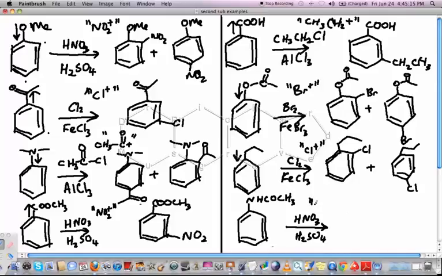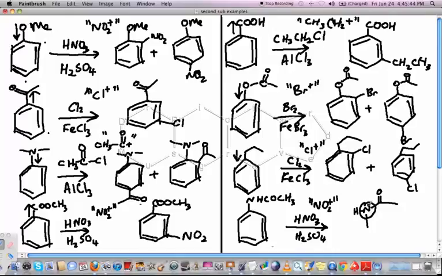We know again that the electrophile is going to be NO2 plus, so I don't have to go find that. And we do have to look at the NHCOCH3. Again, I have to draw this out. If I draw it out, here's what it looks like. I have an NH, and then this will be connected to a C double bond O, and this will be connected to a CH3. The ring will be down here, and again, what we're interested in is the nature of this particular nitrogen, which does have a lone pair on it.